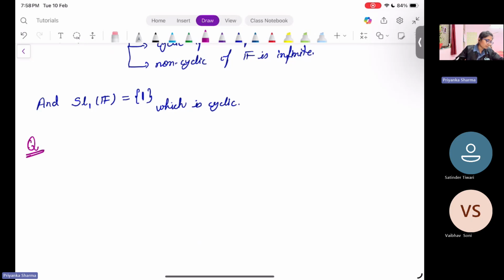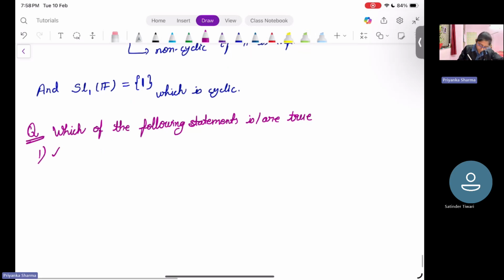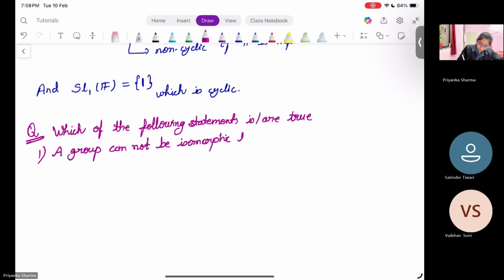Consider this. Which of the following statements are true? First, a group cannot be isomorphic to its proper subgroup.